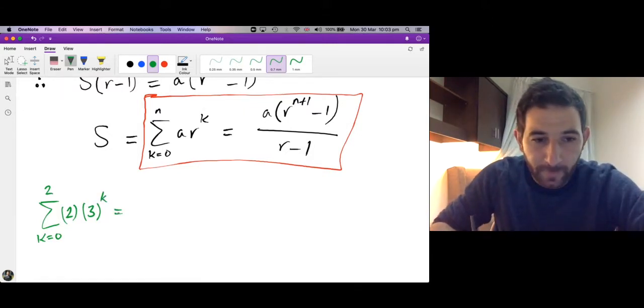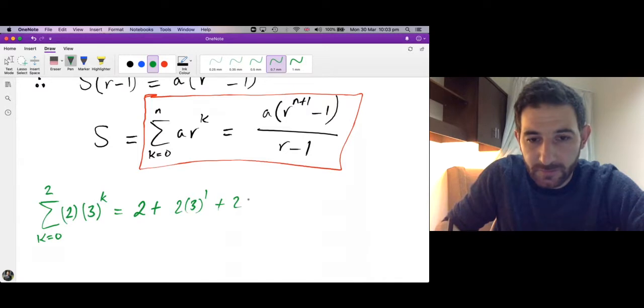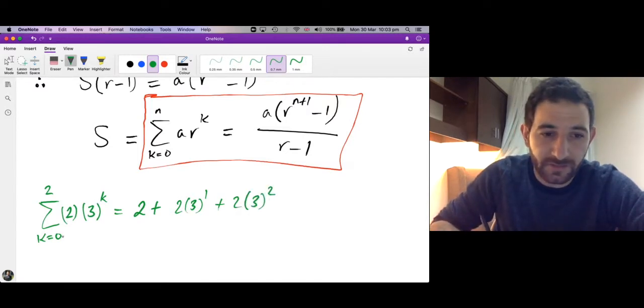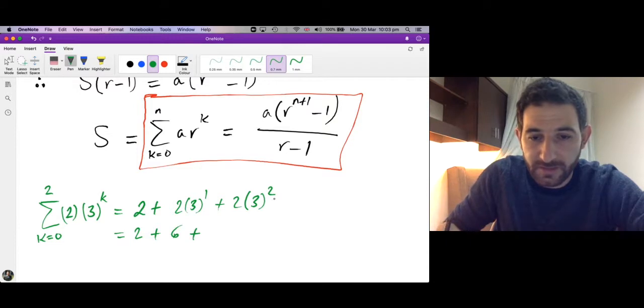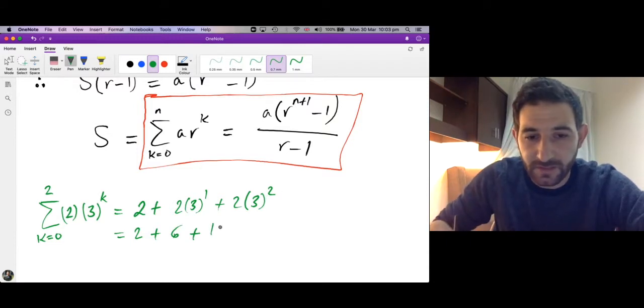This is 2, plus 2 times 3 to the power 1, plus 2 times 3 to the power 2. K ranges from 0 up to 2. Now this is 2 plus 2 times 3 is 6 plus 3 squared is 9 times 2 is 18, and this is equal to 26.